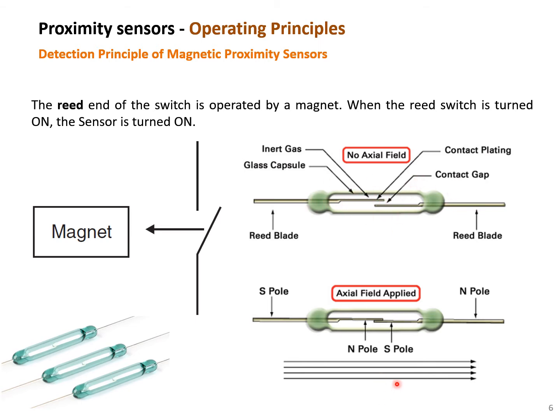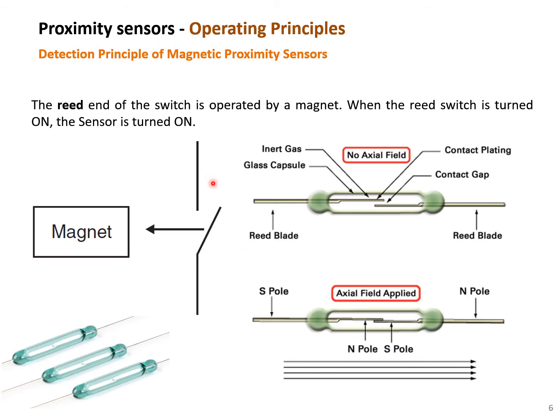When we have a magnetic field, those contacts will be attracted by the magnetic field, and the switch will be on. So we will have a connection between the contacts, or these reed blades, and we could have an electrical circuit.